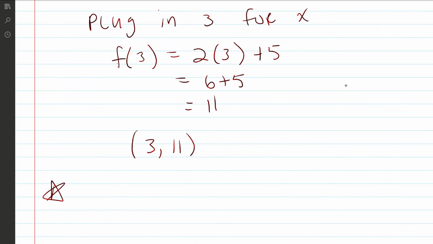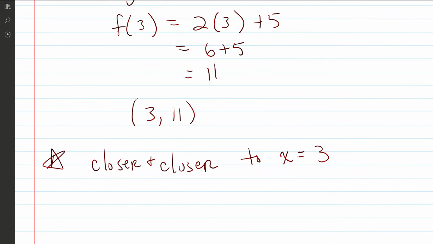Now let's say as we get closer and closer, sorry about that, we get closer and closer to x equaling 3.